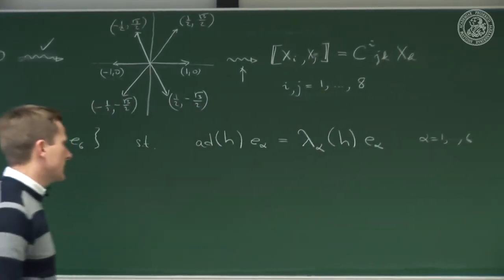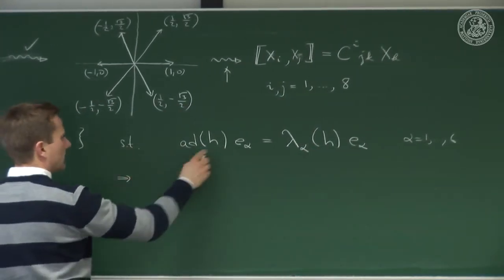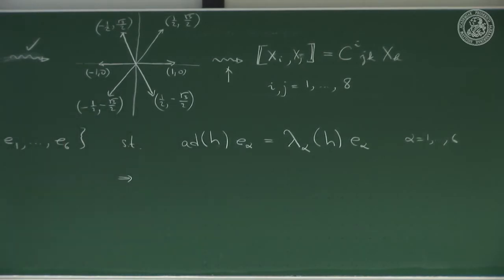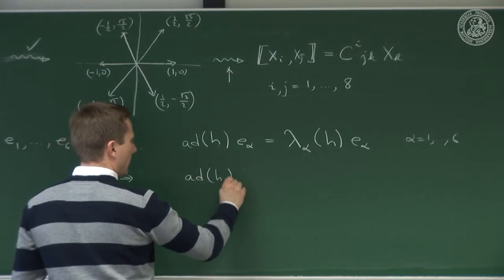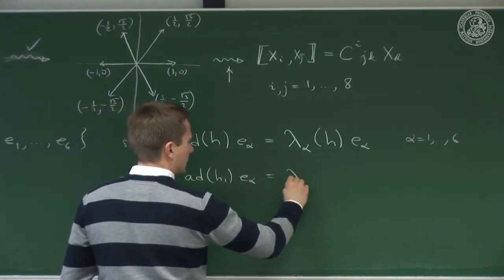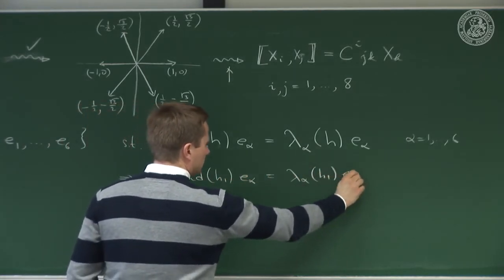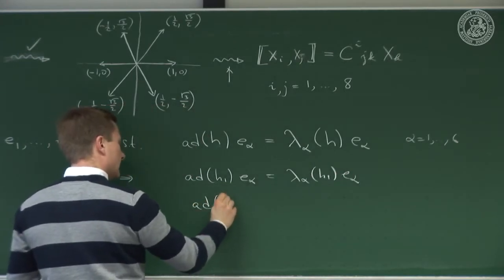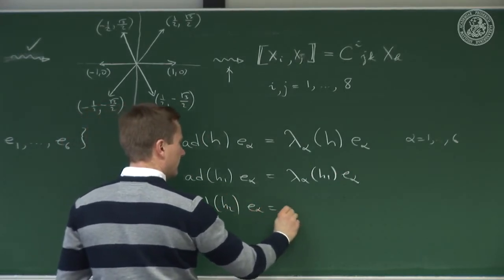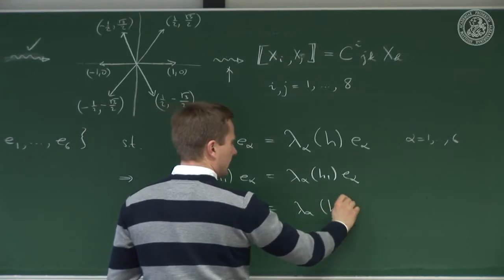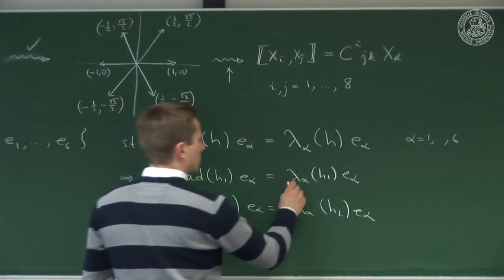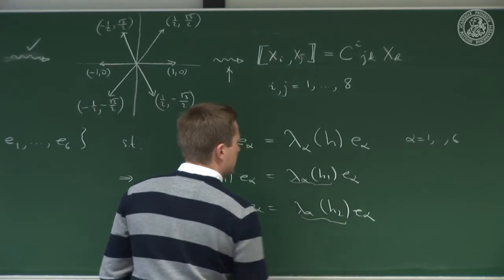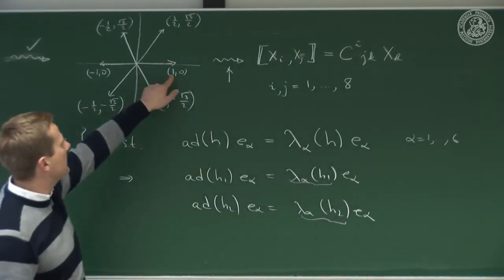So in particular, we can evaluate this on the basis vectors: ad h1 of e_alpha is lambda_alpha of h1 e_alpha, and ad h2 e_alpha is lambda_alpha of h2 e_alpha. And now these are concrete numbers, and these are the numbers that appear here.